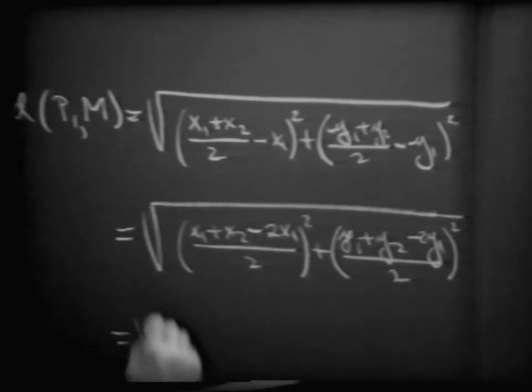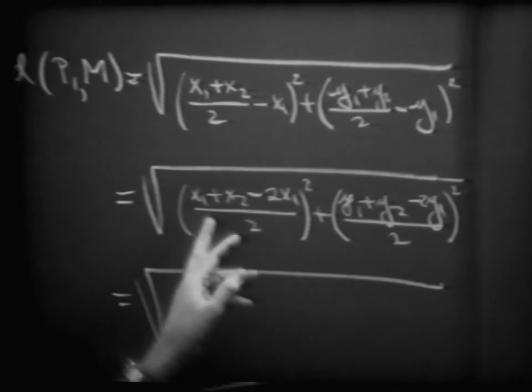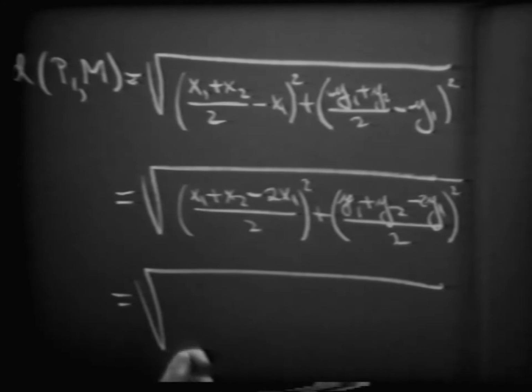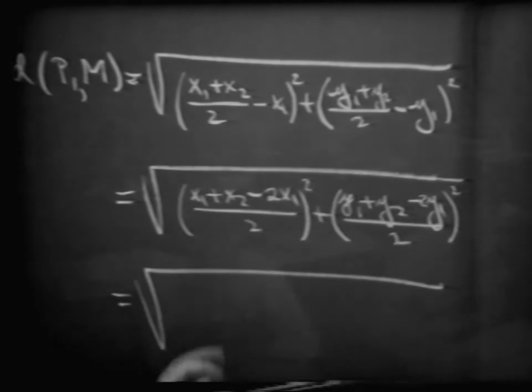Now, let's look at that numerator and see what we have. And what do you see in there but a name for, John? x sub 2, good. x sub 2 minus x sub 1 all squared.